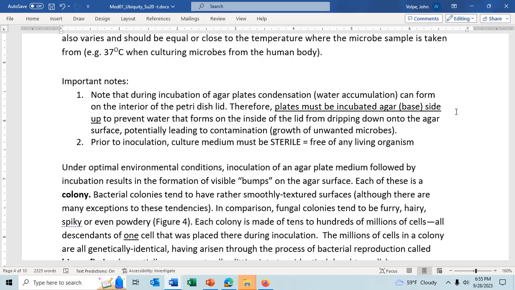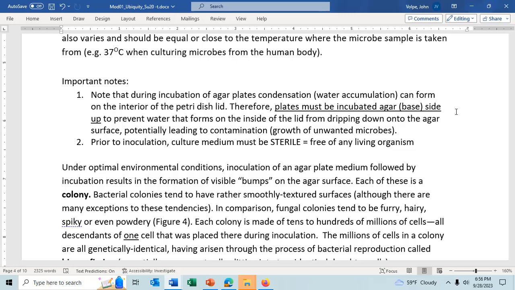It's because if the water drips down onto your organisms on the plate, you'll then get a mess of your organisms on the plate. So if you're streaking out the plate to get isolated colonies, if the water drops down, you no longer have isolated colonies. So we put things in the incubator upside down. So now the agar is on the top.